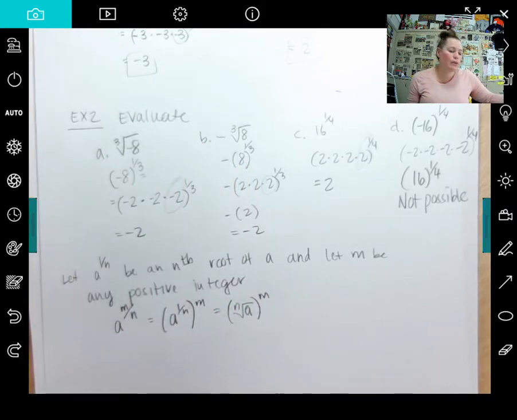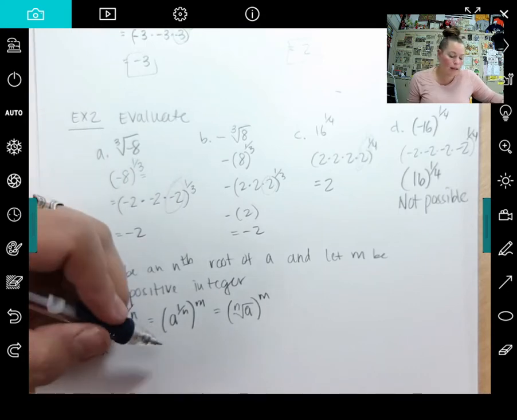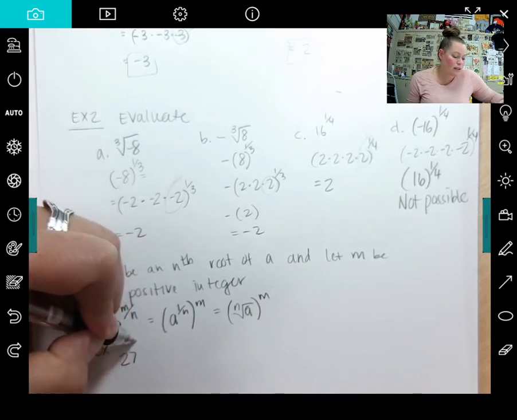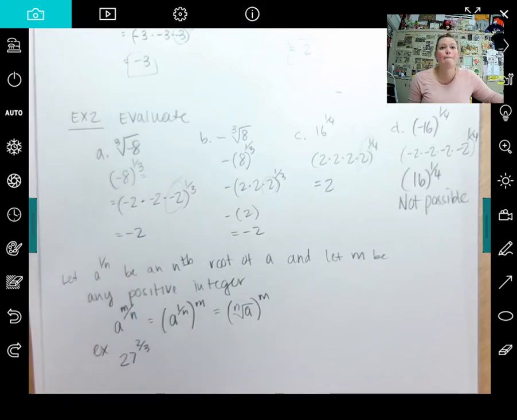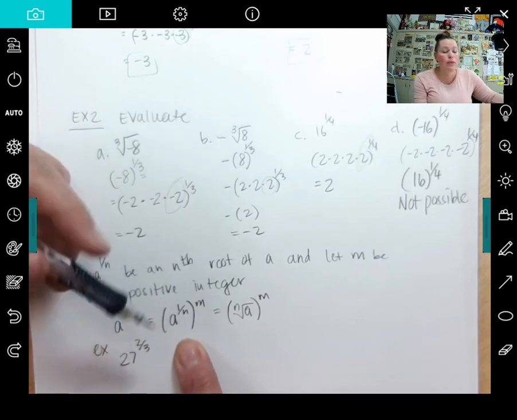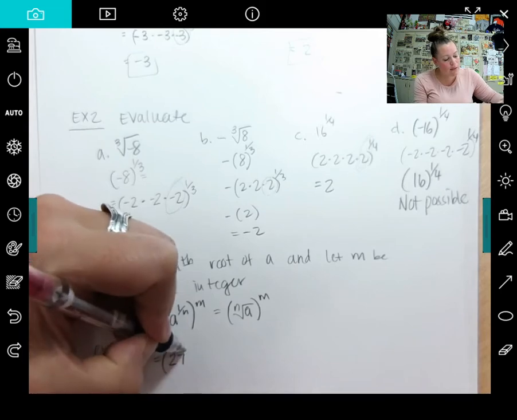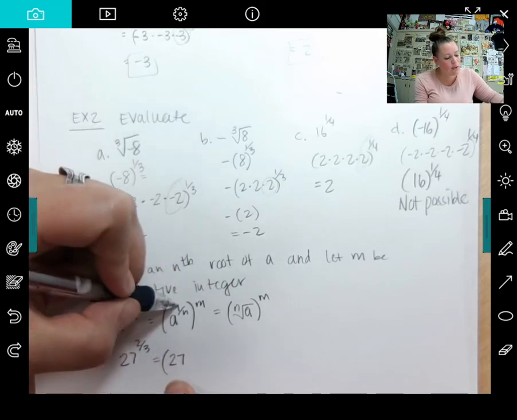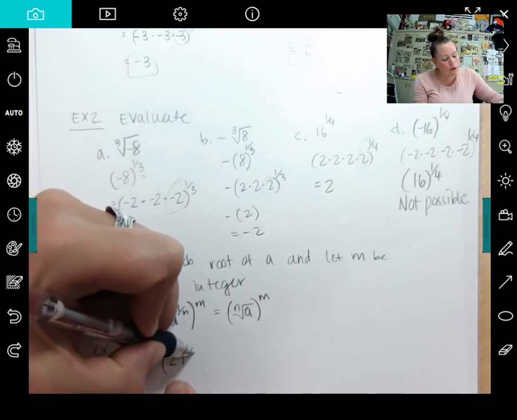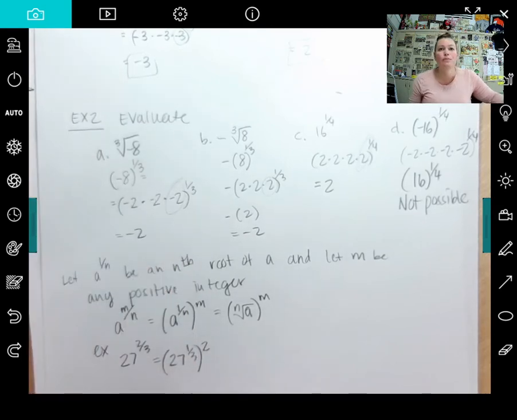So an example using numbers would be, say we had 27 to the 2/3 power. That looks really, really weird, but let's break it down like we did here. So we have 27 in parentheses, right? So 27 to the 1/3 power, and then we still have to write that 2, so that m would be a 2.